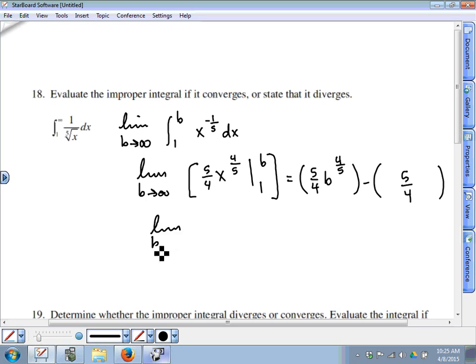So the limit as b approaches infinity of this expression, 5/4 b to the 4/5 minus 5/4. As b gets larger and larger, this whole piece of the expression continues to increase without bound. So this diverges.